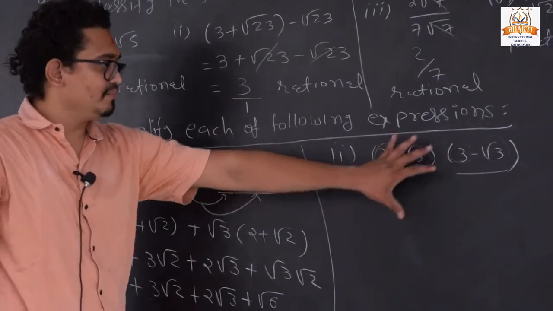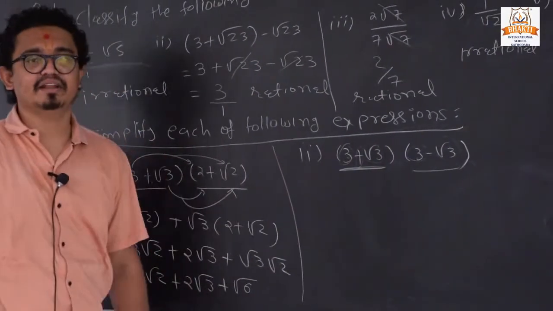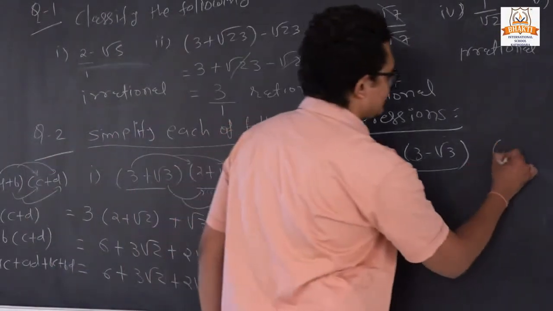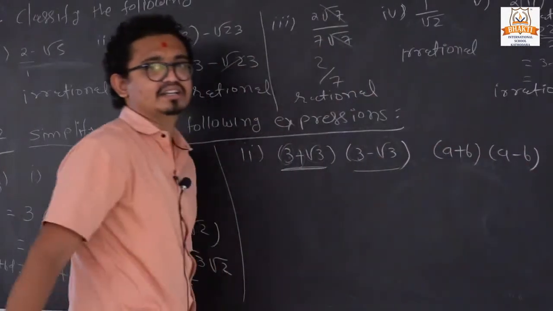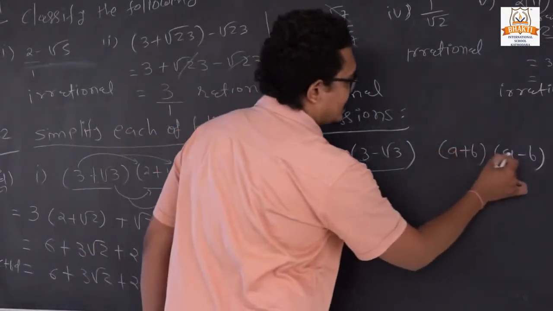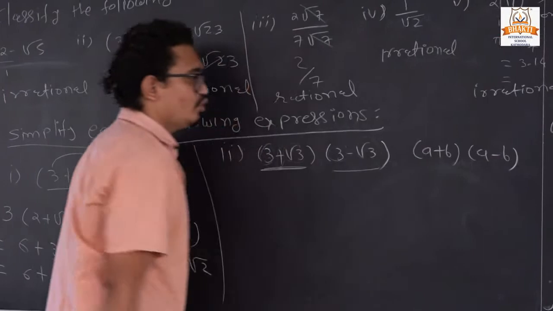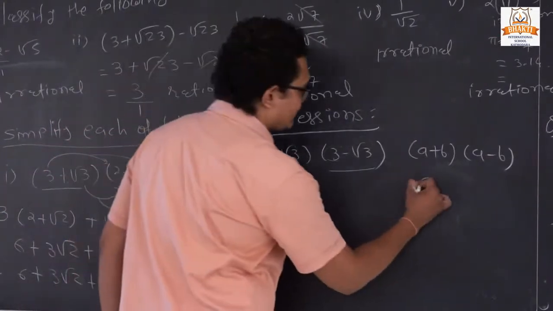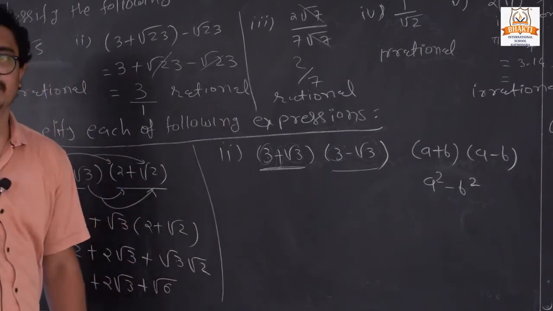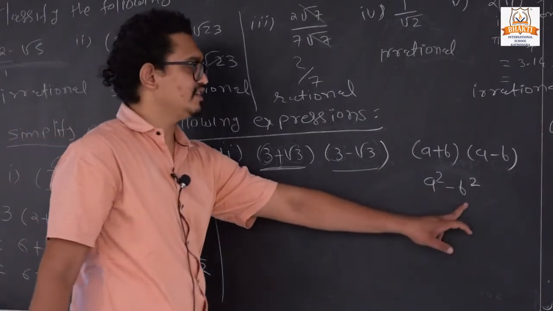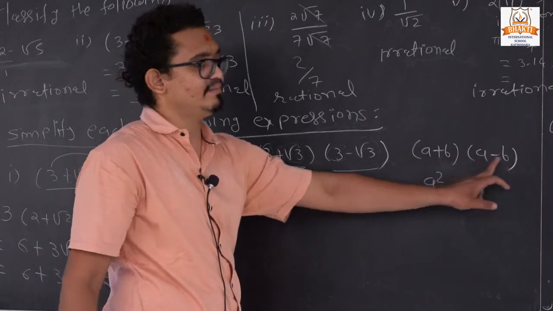So we apply one formula, if you remember: a plus b, a minus b. If the values are the same but the signs are different in both brackets, we can use that formula. The answer is a square minus b square. A square minus b square is equal to a plus b, a minus b.